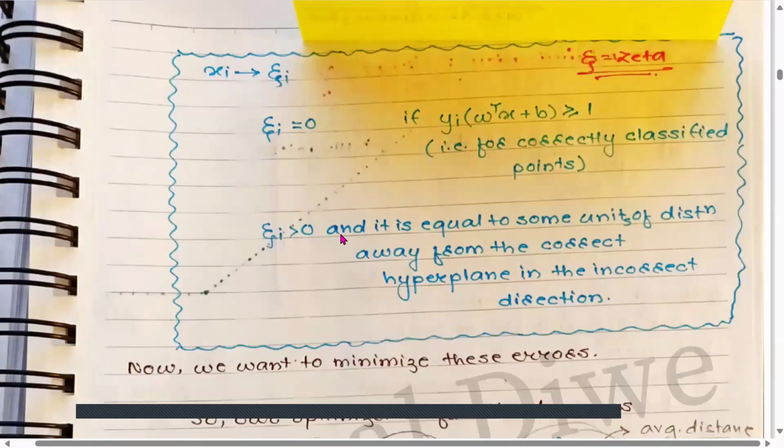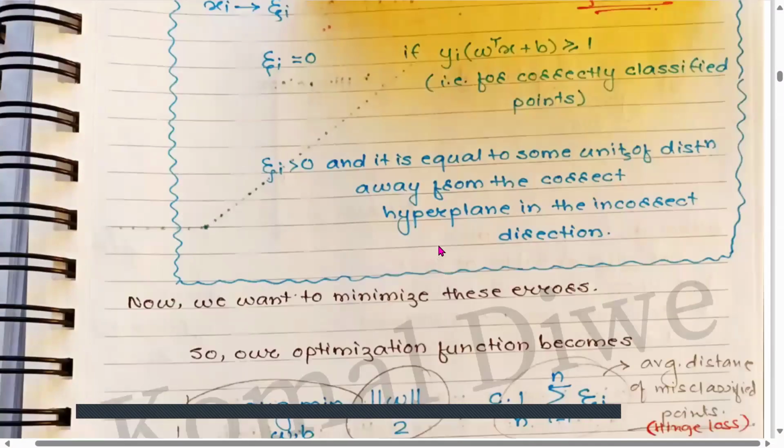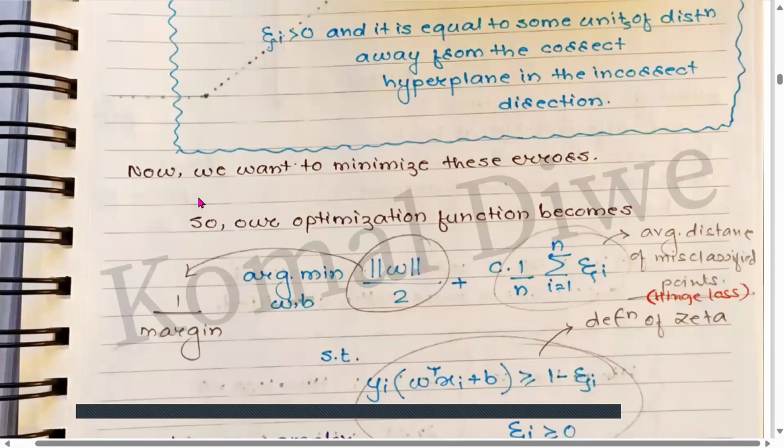Zeta greater than 0 means the point is some unit of distance away from the correct hyperplane in the incorrect direction. You have to read about this. Now we want to minimize these errors. Our purpose is to minimize these errors. Exactly.